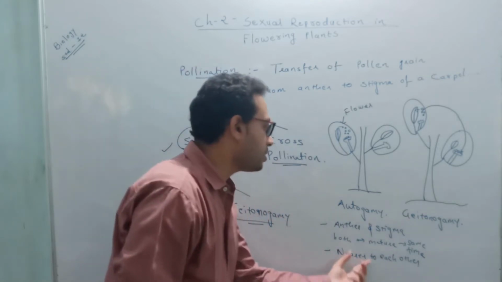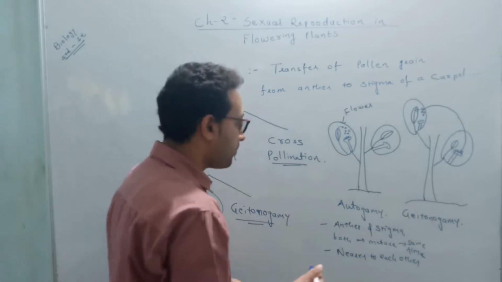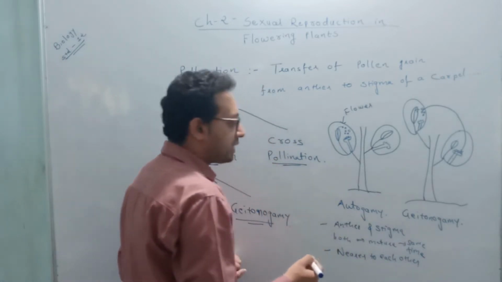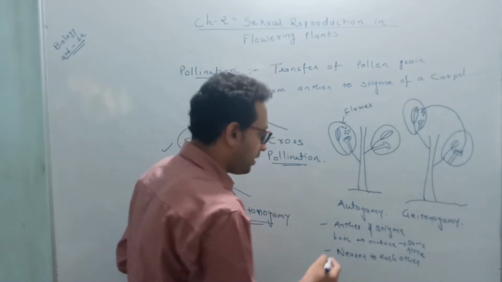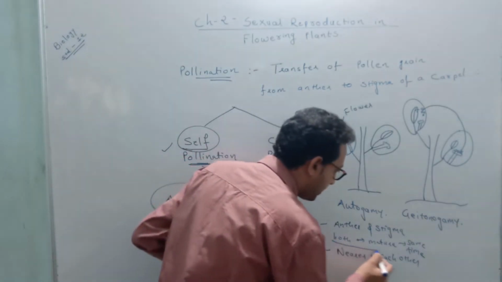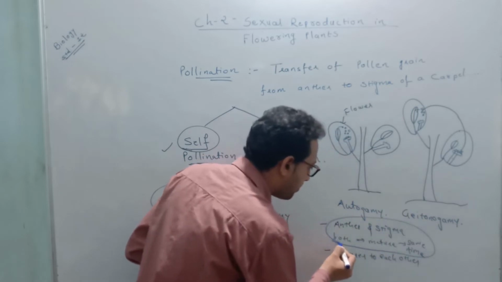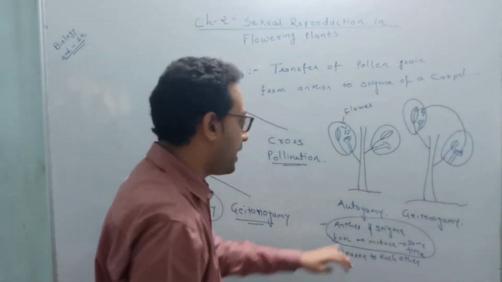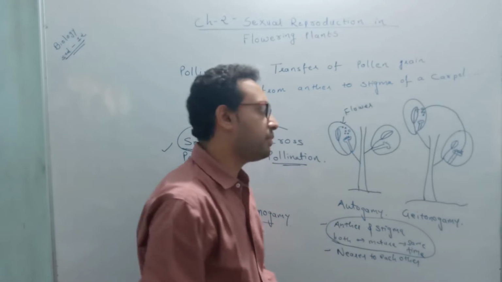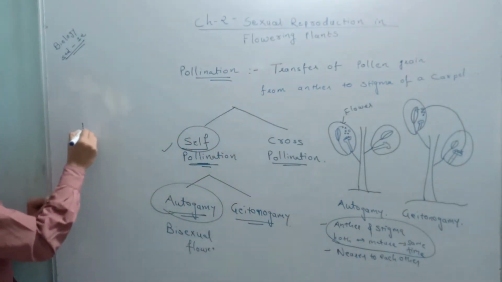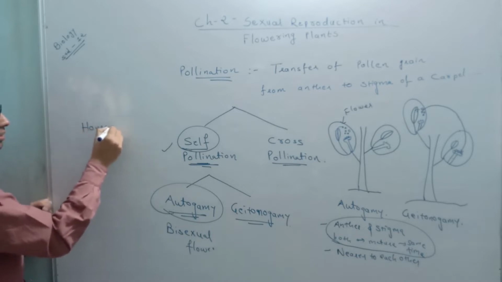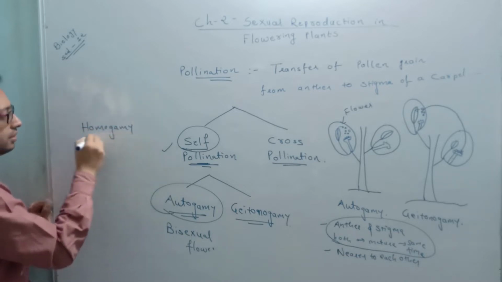So these are the conditions which have to be followed by plants. I will give you examples in which they are followed. In this condition, the anther and stigma become receptive at the same time, or mature at the same time. This condition is called homogamy.